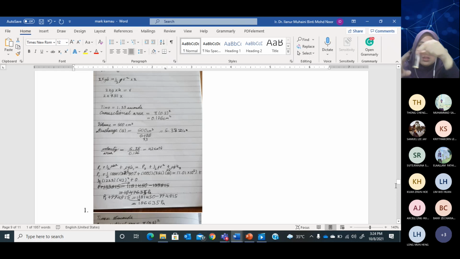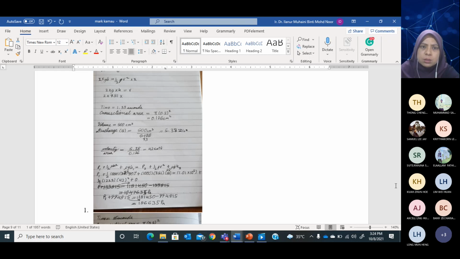For example, if the object is cylindrical in shape, then the cross-sectional area becomes a circle. The circle formula is pi r to the power of 2, so you need to measure the diameter only.